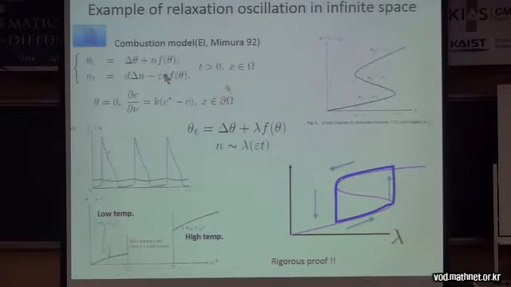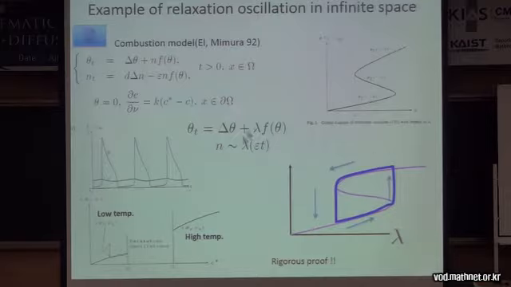If we formally put epsilon equals 0, then the fuel is almost constant like this, lambda, and substituting lambda into this equation, we get an approximate equation with respect to theta. And this is a picture of the global bifurcation diagram with respect to lambda.